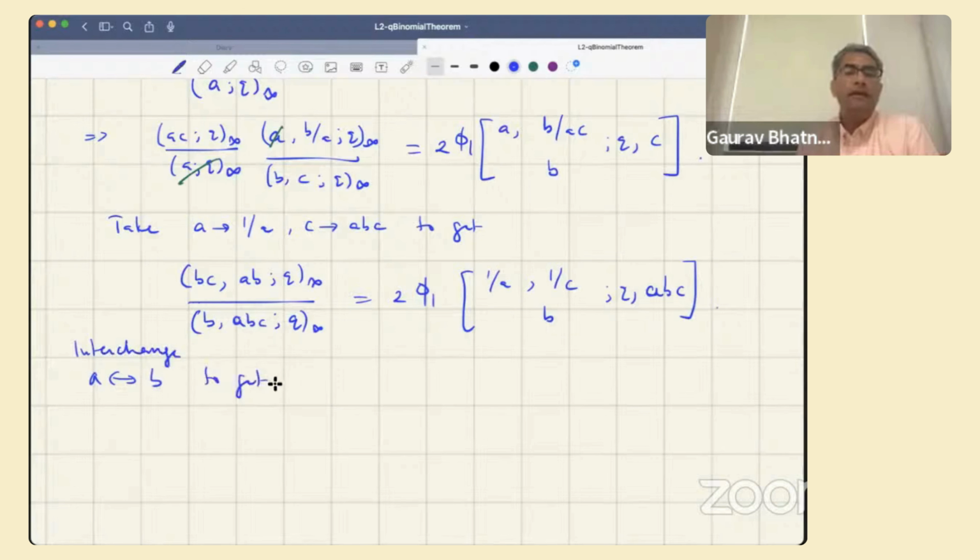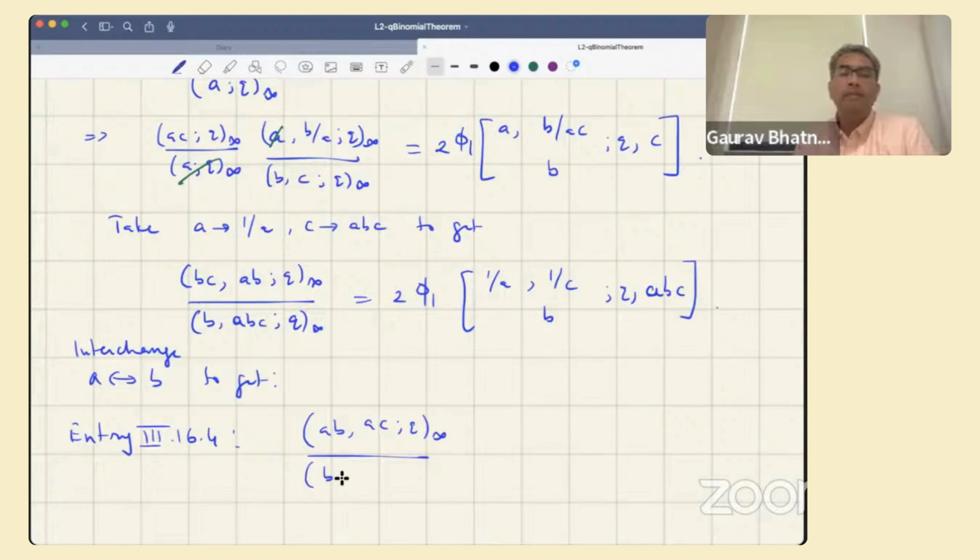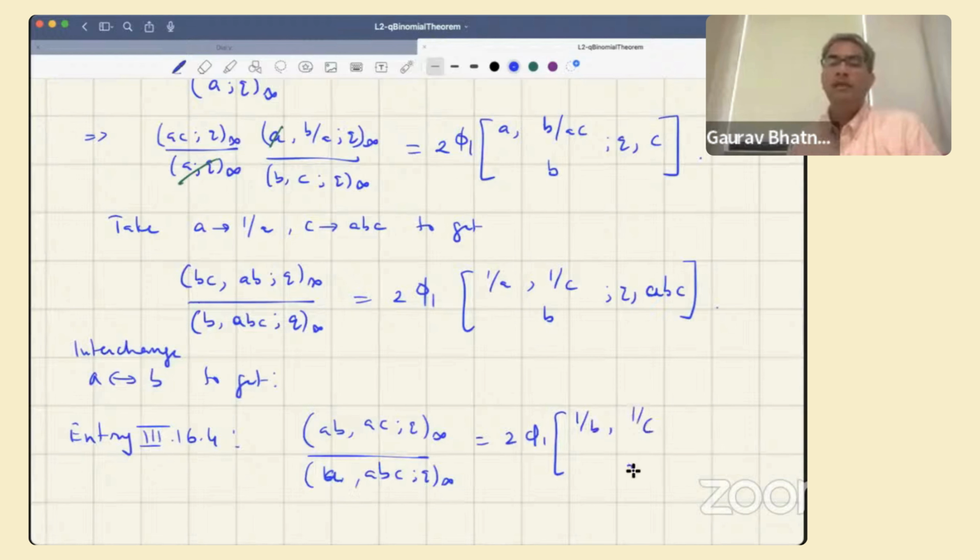To get, now we get another entry of Ramanujan. This is 3.16.4, and this says that (ab, ac; q) infinity and (a, abc; q) infinity is equal to 2 phi 1, 1 over b, 1 over c, a, q, abc.